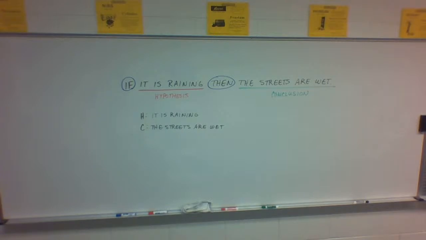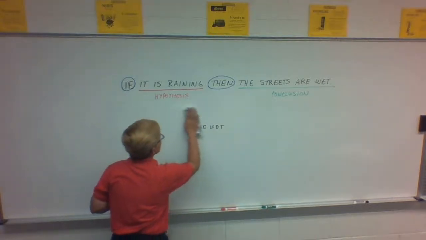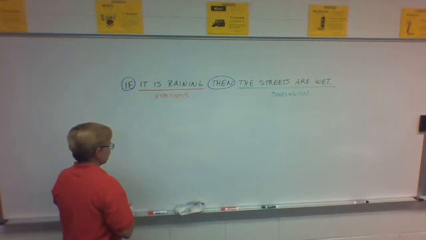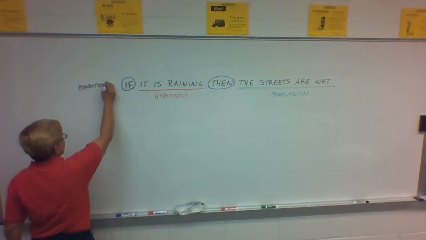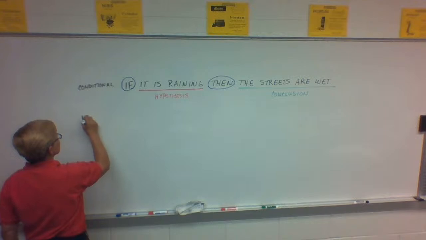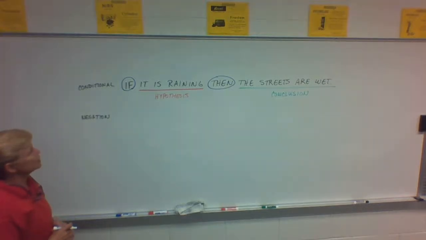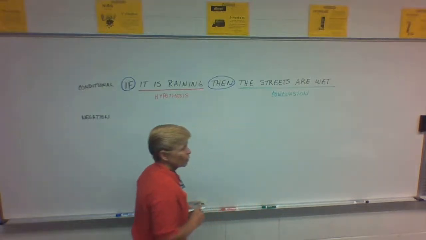Okay. The next thing we're going to talk about, this is called the conditional. There's a way to rewrite this, and it's called the negation. So this is the conditional statement. Now we're going to write the negation. The negation is if you make each of these opposite.